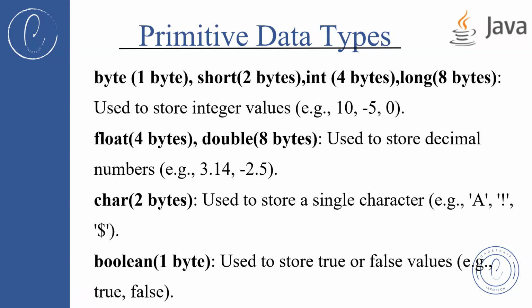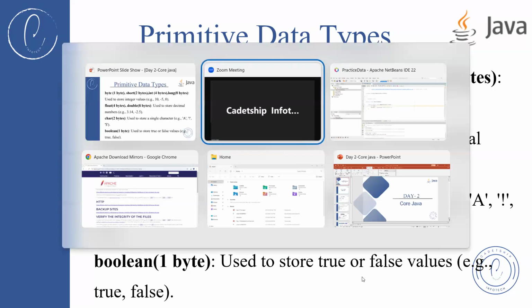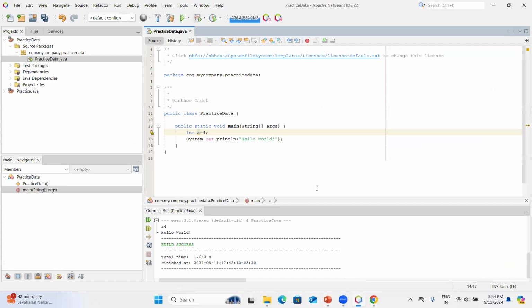So now we saw our data types, that are primitive data types. Now we will see an example of these data types. As we already saw how to create a variable, this is my variable int a.